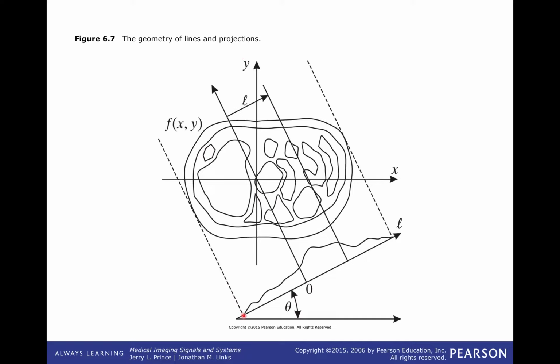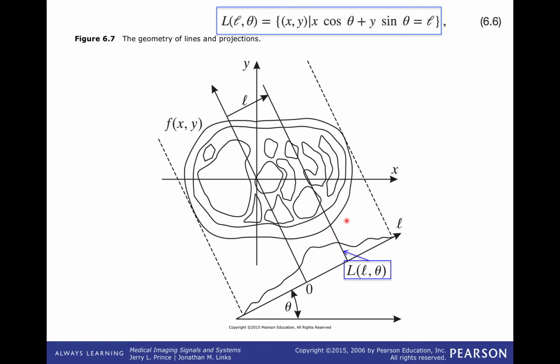And then if this is my detector along here, I'm going to parameterize my position on the detector with another real variable, L. So I can now parameterize each line through the patient with two parameters, L and theta. So this line is basically all of the XY values in the plane that satisfy this equation, and all of those XY values sit inside this line right here.